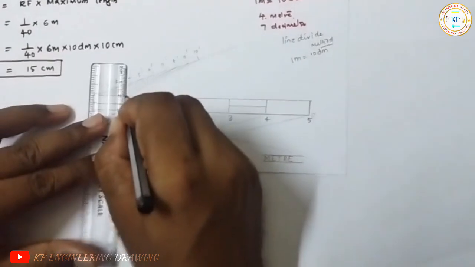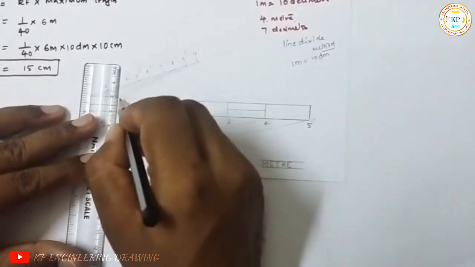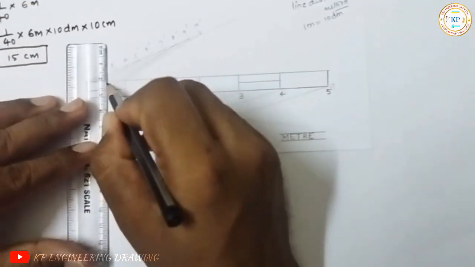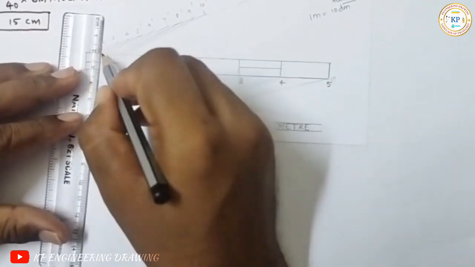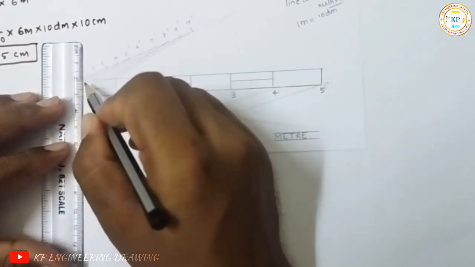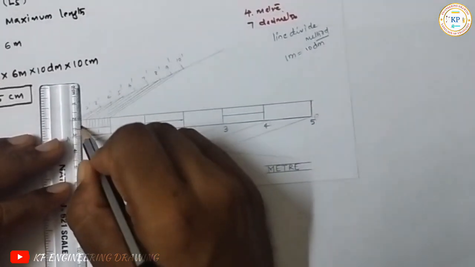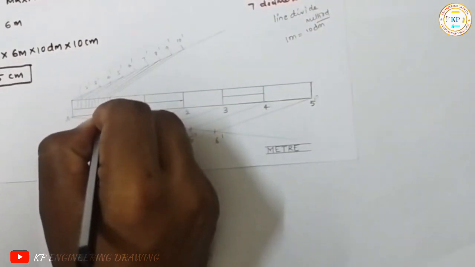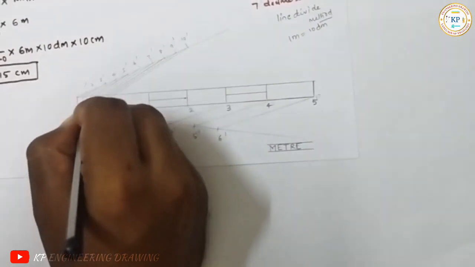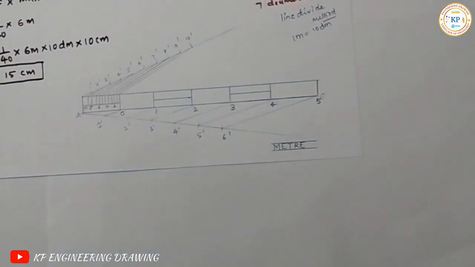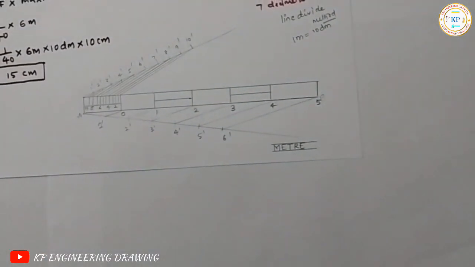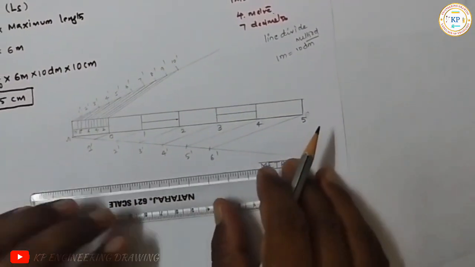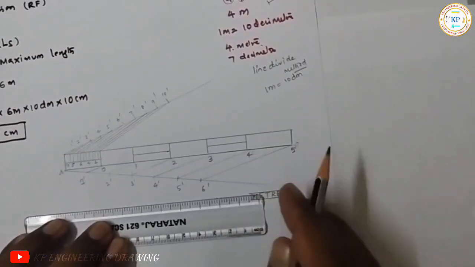So 1, 2, 3, 4, 5, 6, 7, 8, 9, 10. Right? So here 0, 2, 4, 6, 8 and 10. Okay. So divide this into 10 equal parts. Okay. So this is your decimeter scale.